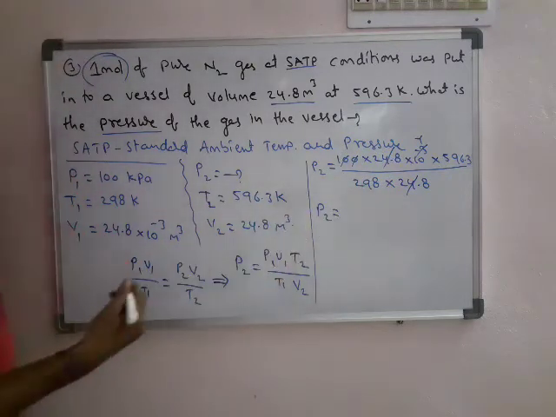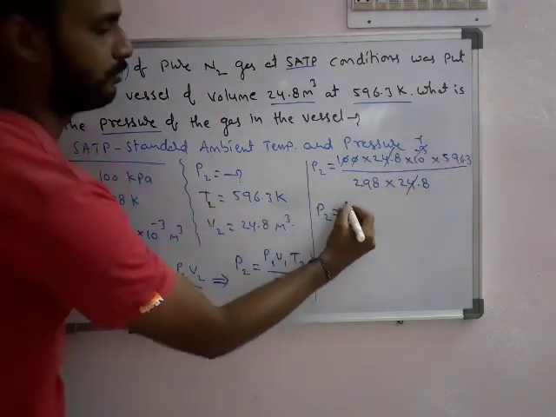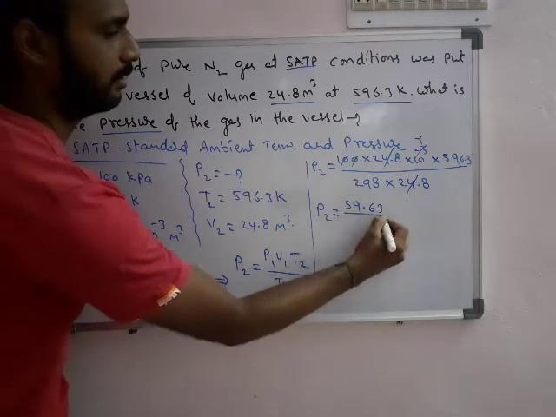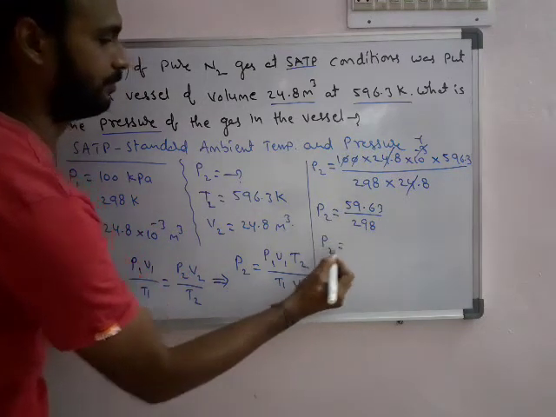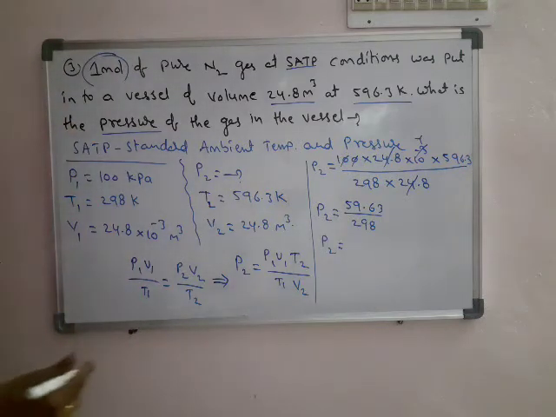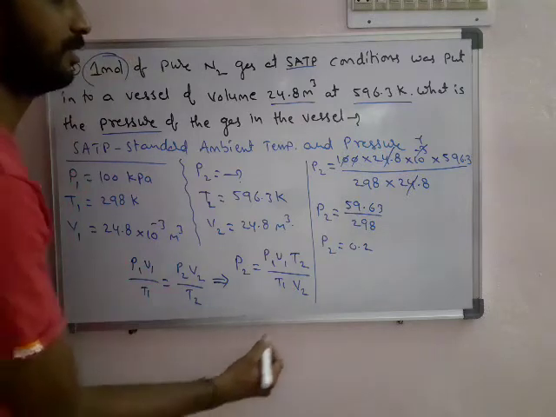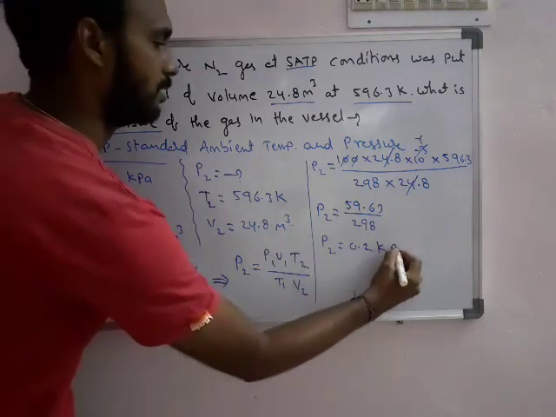And it becomes how much? So P2 is equal to, we will get 0.2 kilopascals.